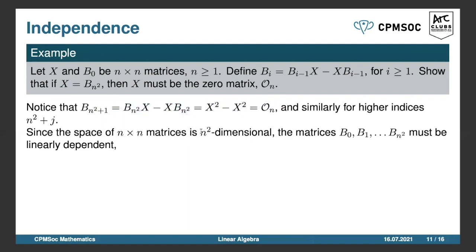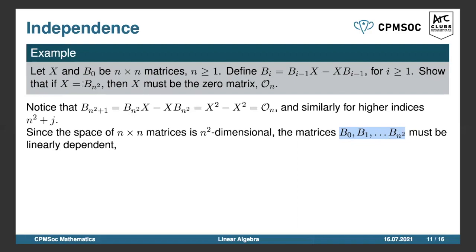Because there are n squared entries in an n by n matrix, the dimension can be at most n squared. And in general, for n by n matrices in R to the n, the dimension is n squared.